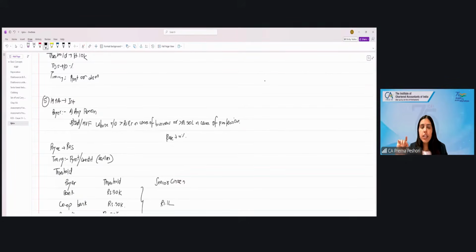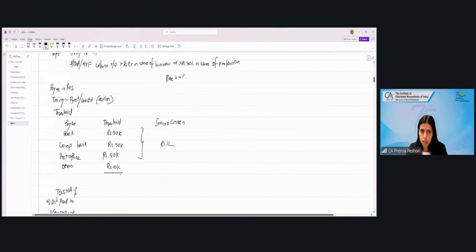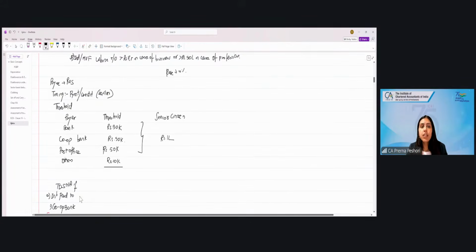Basically, the general limit is 10,000, right? However, if the payer is a bank or a cooperative bank, or a post office, then in that particular case, the limit is 50,000.